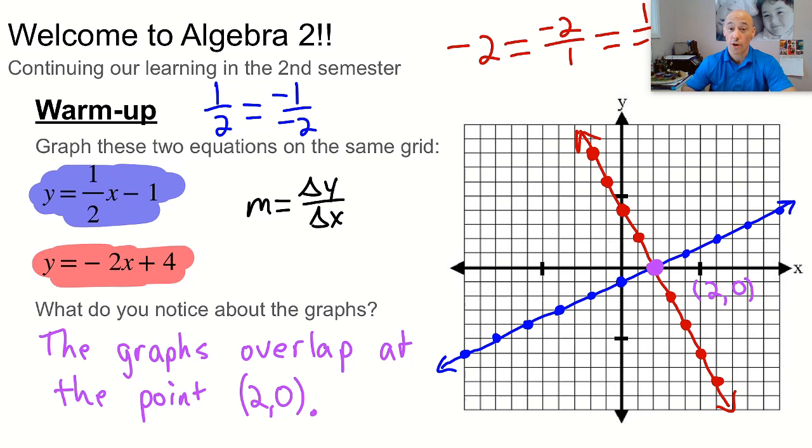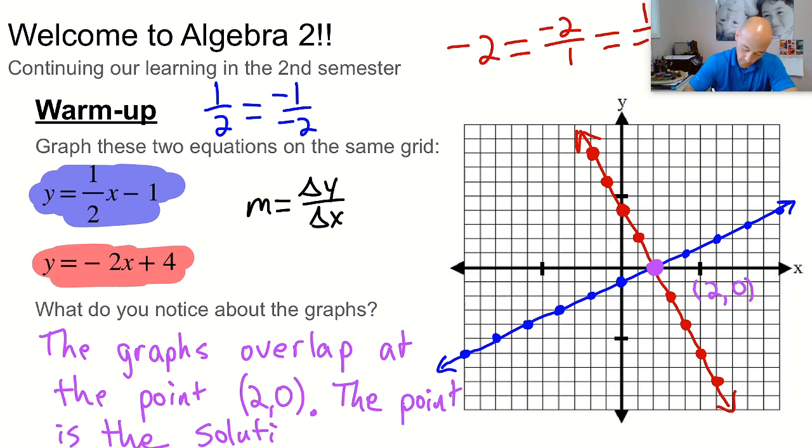Both equations are true when we plug the point 2, 0 into them. Yeah, excellent, excellent. And we say that the point is the solution to the system.